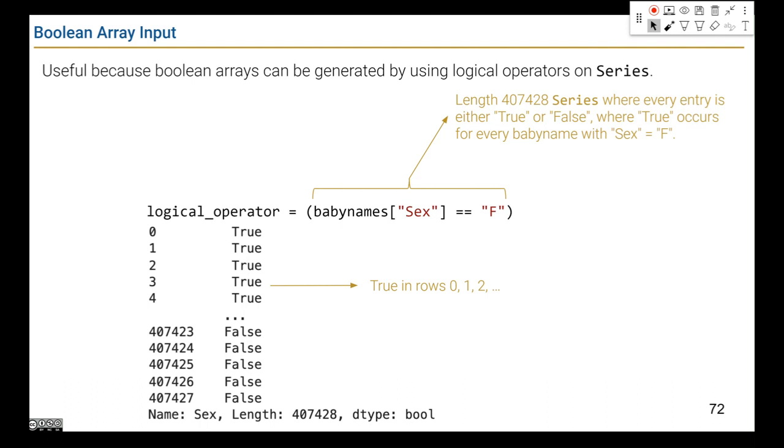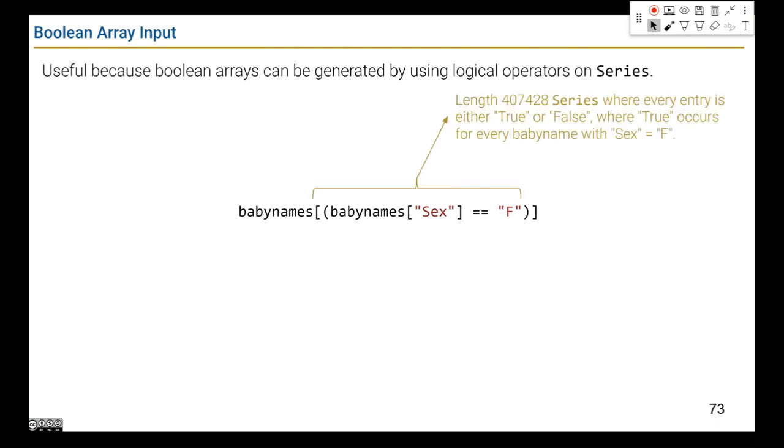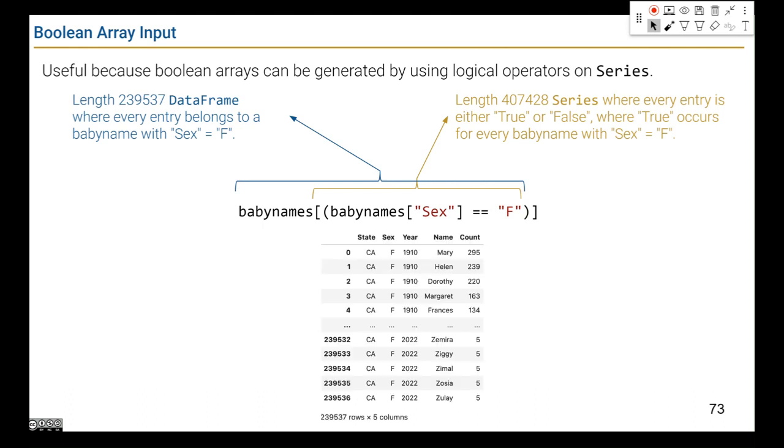So it's the length of my original data frame, either true or false. When I now take this logical operator and put it as input into my data frame, I'm just going to get a data frame out where every entry belongs to a baby name with sex equaling female.